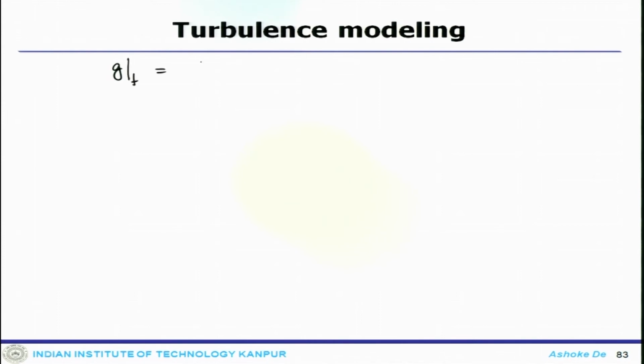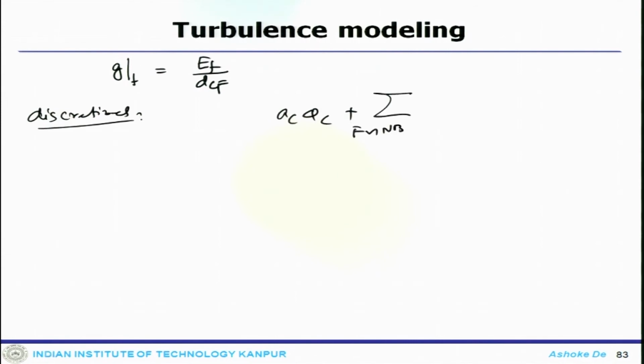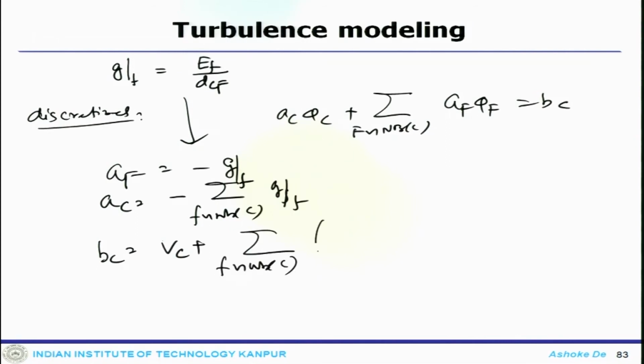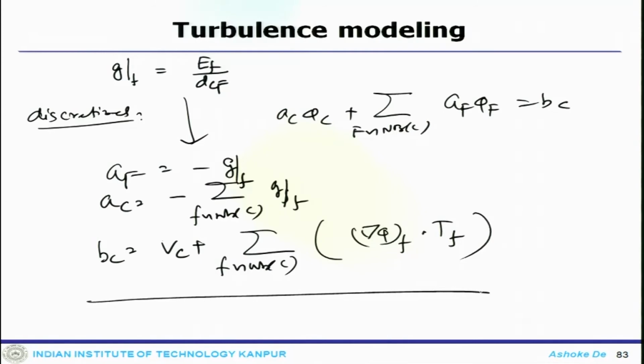The geometric diffusion coefficient at the face is E_F by d_CF, and your discretized equation gets modified like A_C phi_C plus the sum over face neighbors of A_F phi_F equals B_C. Here A_F equals minus G_F, which we got here, then A_C equals minus the summation over F of G_F, and B_C equals V_C plus the sum over F of del phi_F dot T_F. So, that is how you can calculate the normal distance.